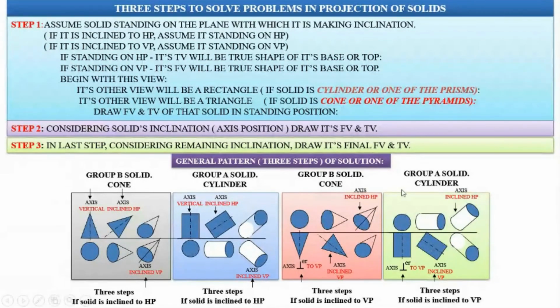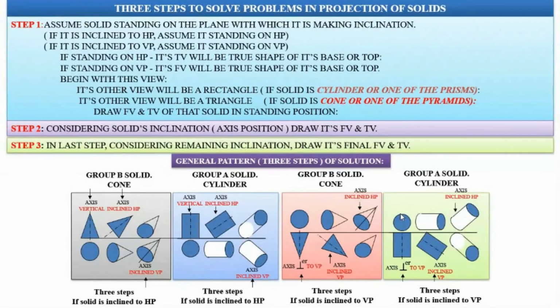So the first figure, or the first part, we call it the initial position. In the case of the initial position, the axis is perpendicular to the plane in which the object is resting. It may be resting on HP, or it may be resting on VP, but the axis is always perpendicular to the plane on which it is resting.